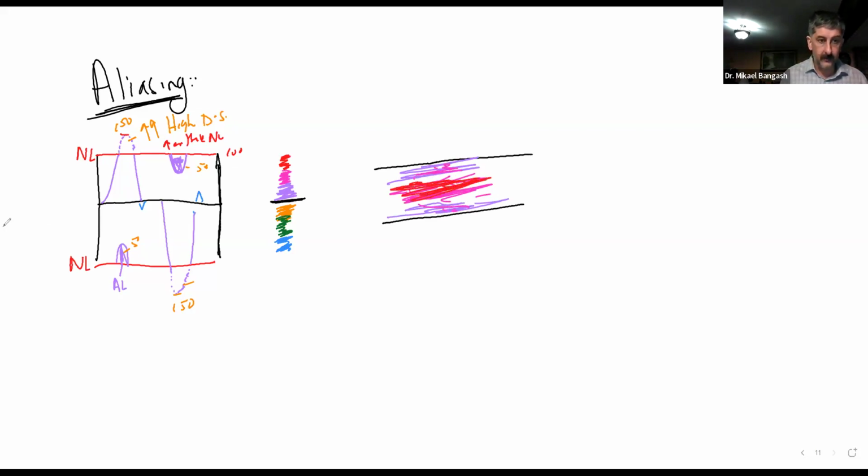But within that, we may even find some of the opposite pole colors. So aliasing mainly happens because this limit was met here, but then it went and took this. Clear?